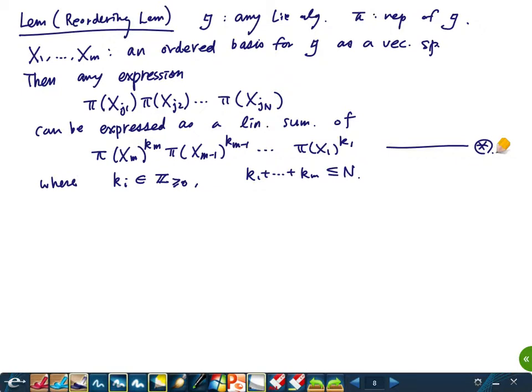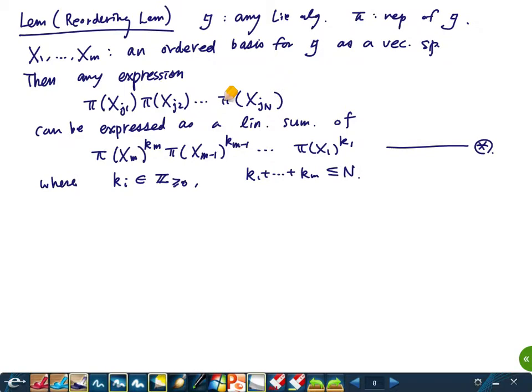Okay, so what is the meaning of this? Our Lie algebra is non-commutative, usually. If it's commutative, it's still a Lie algebra, but it's very simple. If G is commutative, this is clearly true, because we can always order this as we wish, since xy is yx.